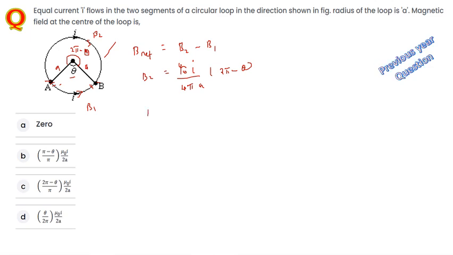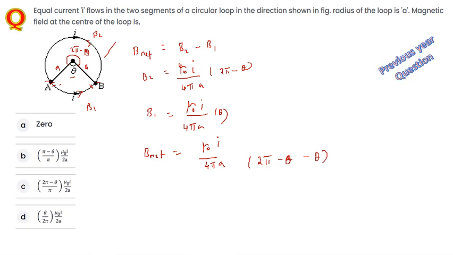The next one, B1, is similar: mu naught I divided by 4 pi A, and the angle here is theta. So B net is equal to the common factor mu naught I divided by 4 pi A, taken out, and the remaining is 2 pi minus theta minus theta.